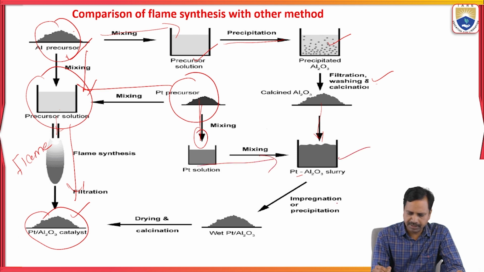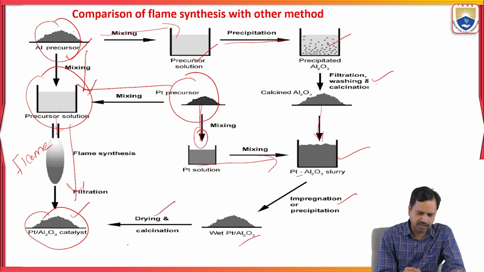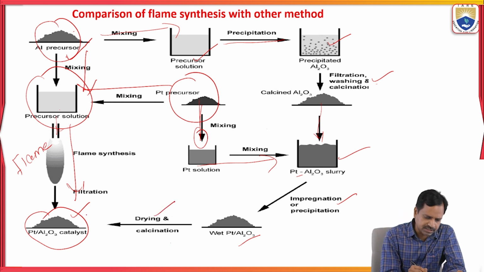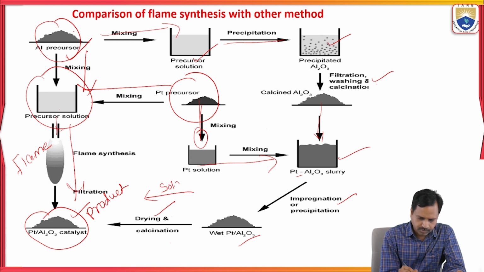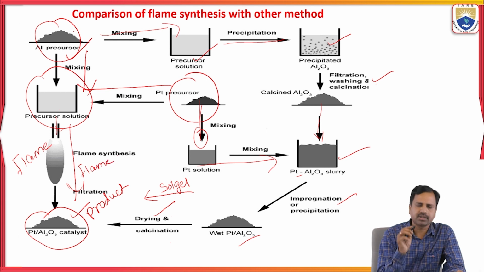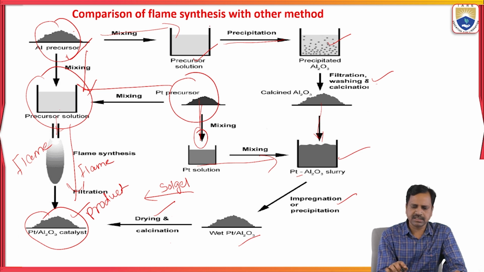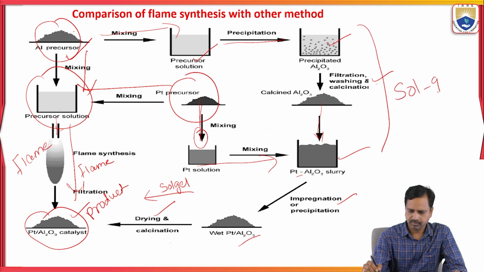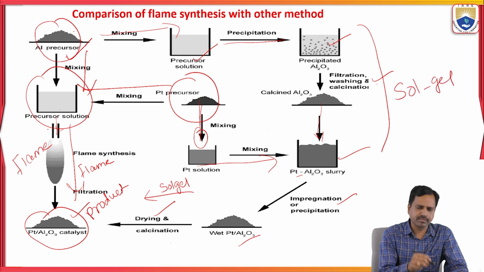After this, impregnation or precipitation, wet platinum Al2O3, drying and calcination, and finally this is a product from the sol gel method. This is from the flame synthesis method. So in the second step, the right side is the sol gel method, and the left side is the flame synthesis method.